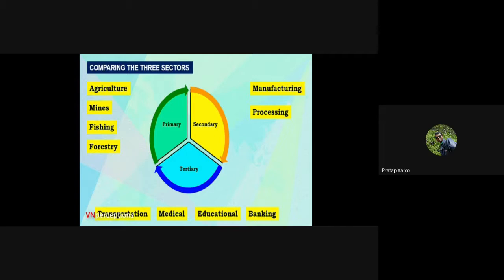Then again, manufacturing and processing industries require transportation because raw material has to be brought there. Finished products have to go to the market. People have to come there to work. Then the people require medical facilities, educational, as well as banking. So we understand that all three sectors are interdependent.